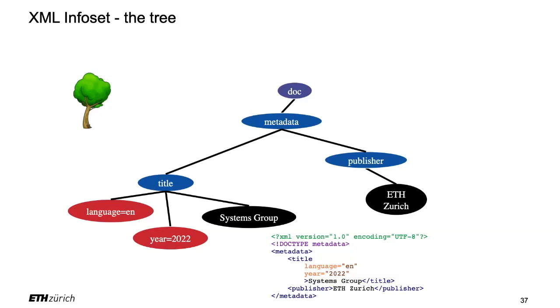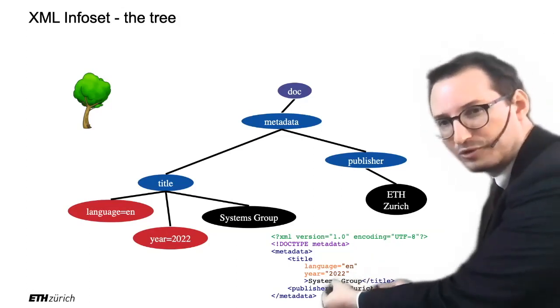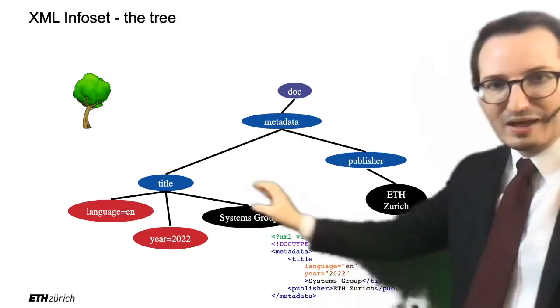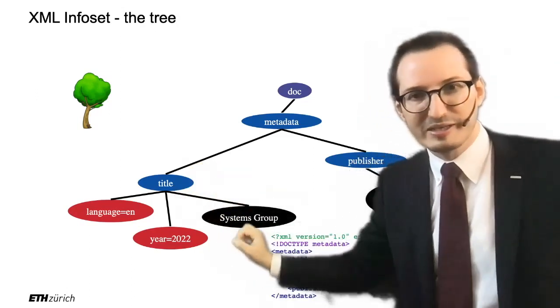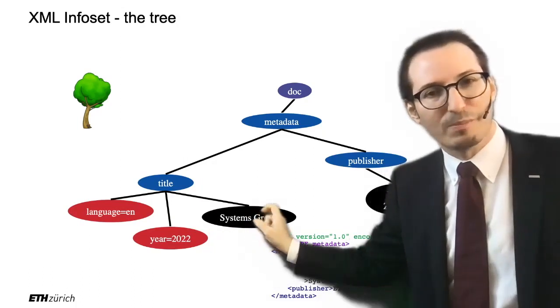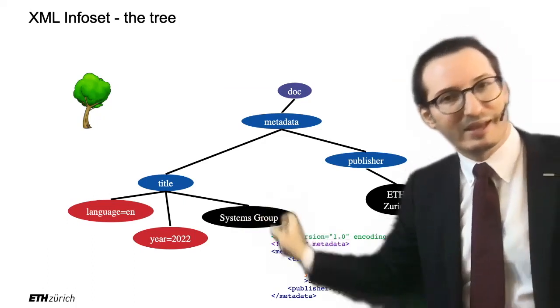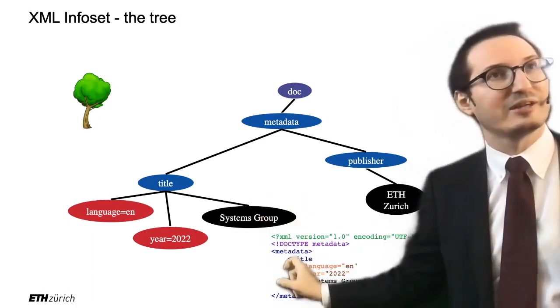Yeah. So then what you would have if you added, let's put it in bold, right? Open B and close B around it. Then what you will have is Systems as a child, right? And then some B element information item as a second child. And then you have Group behind that new tag.